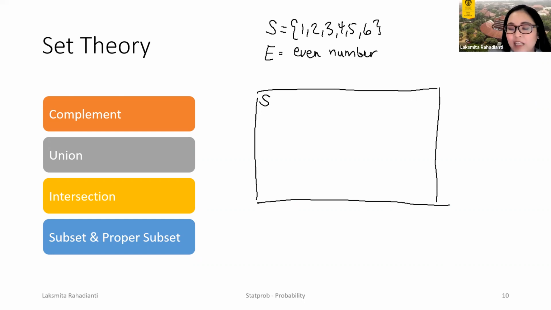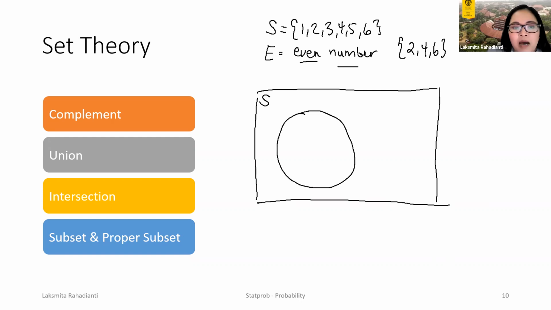If I were to write it correctly in mathematical notation, I would write it as follows. These are the events 2, 4, 6 that could happen for it to fulfill this criteria that I set. Whereas here on top is all of the possible outcomes. If I'm trying to symbolize my E, even numbers here, I could write it as follows, right? This is my E. Until here, this is just a review, right?